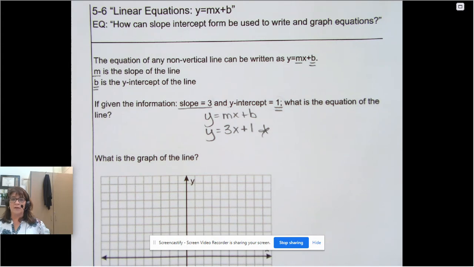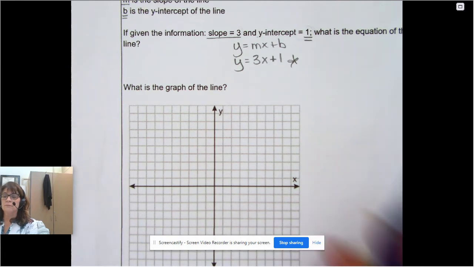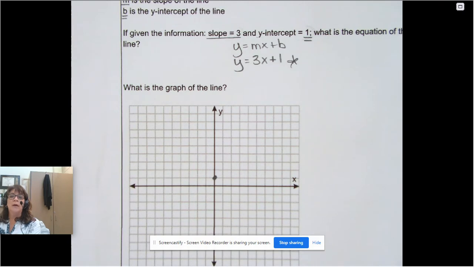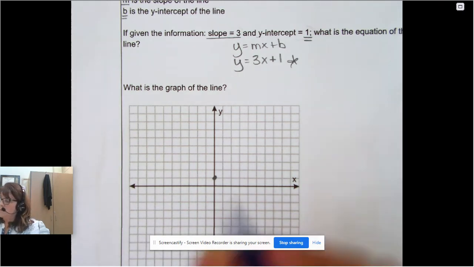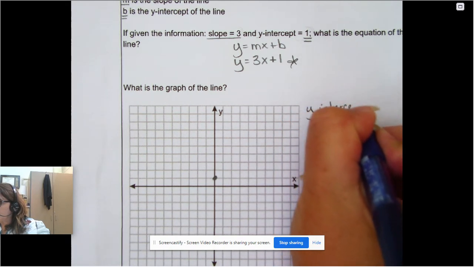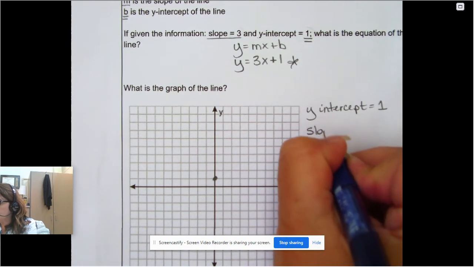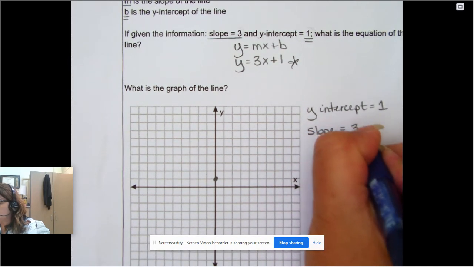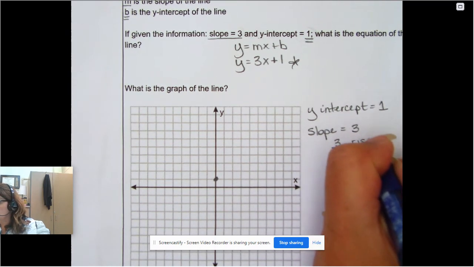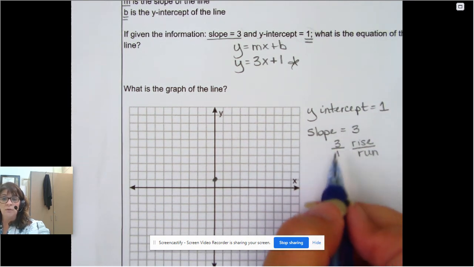But what would the graph of that line look like? Well, we know the y-intercept, right? The y-intercept is 1. So I'm just going to put a big dot there. And we know the slope, right? So if y-intercept equals 1 and slope equals 3, that's actually 3 over 1, rise over run, and keep writing that if it helps you do these.